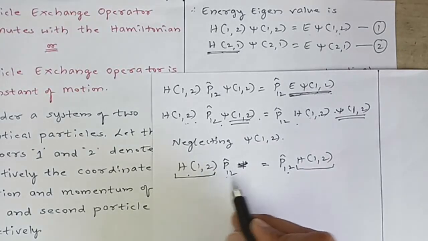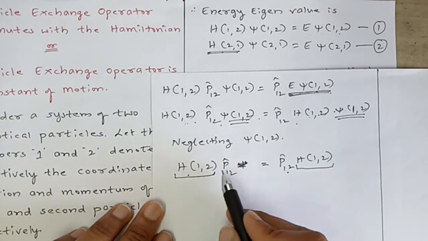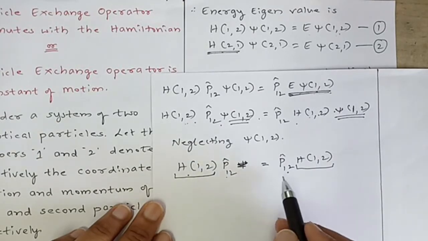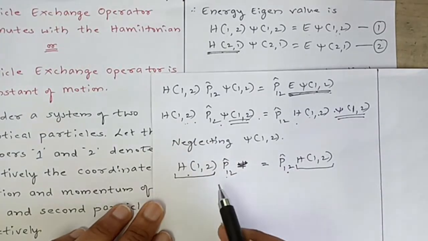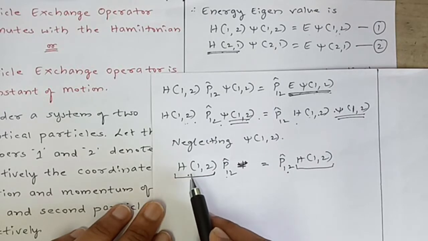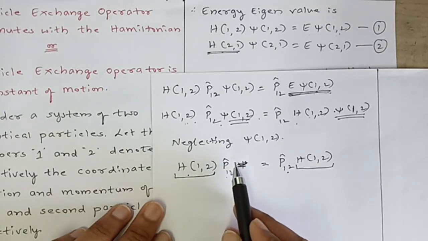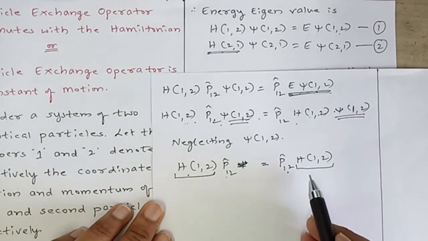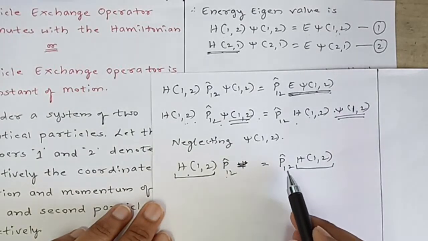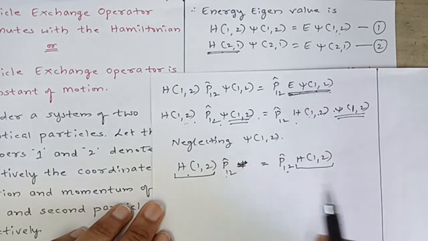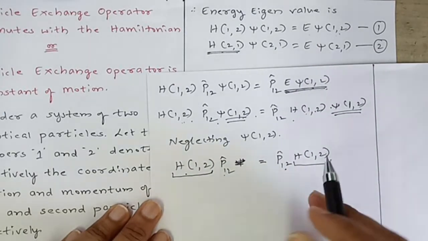So these two are not the same. If you look at the LHS, the Hamiltonian is operating on the particle exchange operator, but at the RHS, the order is reversed. The particle exchange operator is operating on the Hamiltonian.